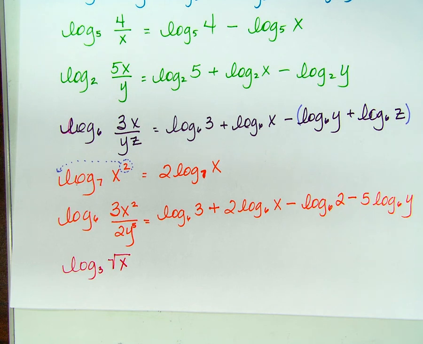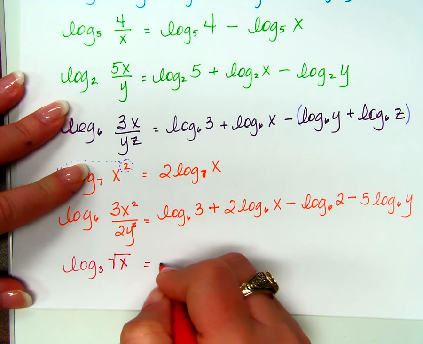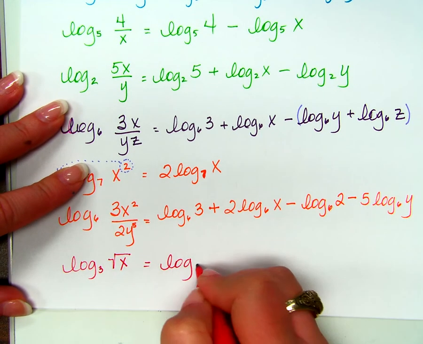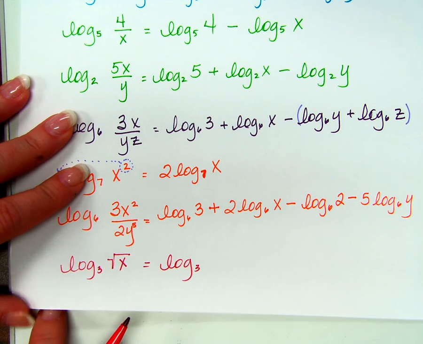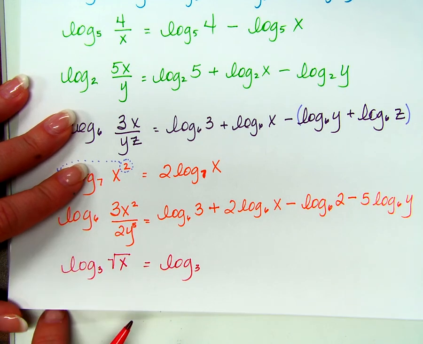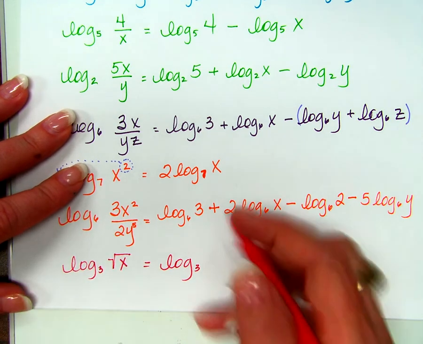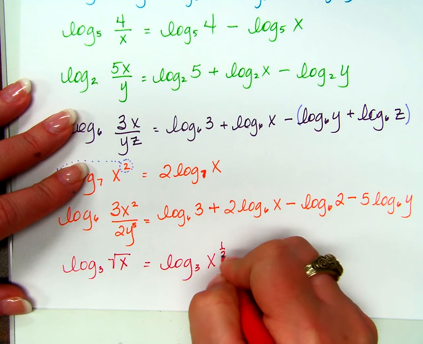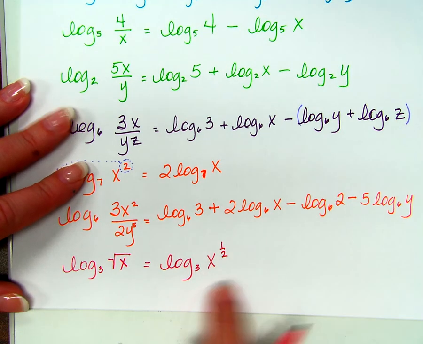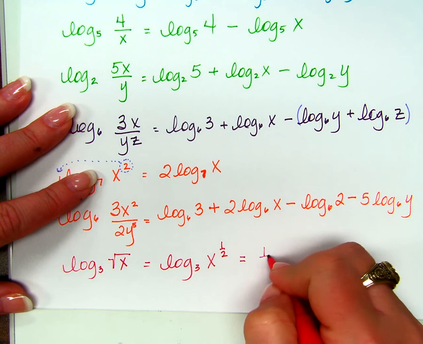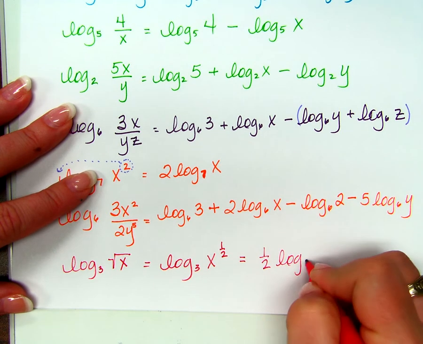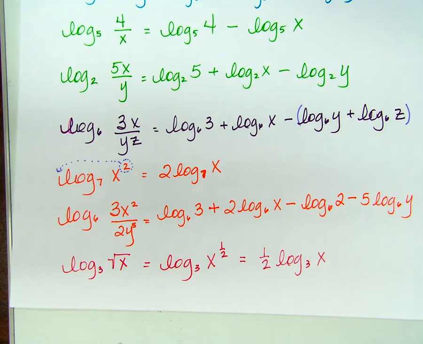What is it? Well, I am square rooting it. How do I rewrite it using exponents? Fractional exponents. Half. So x to the 1/2, right? Remember, those are the same thing? So how would I rewrite that then? Good. Done.